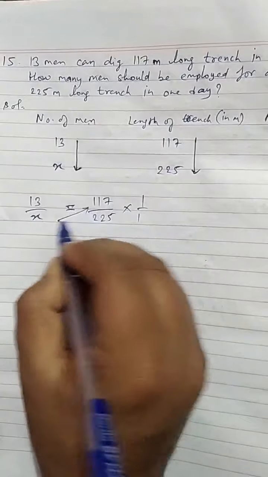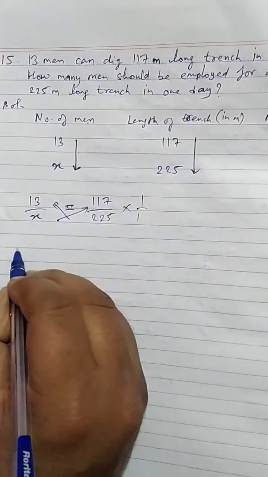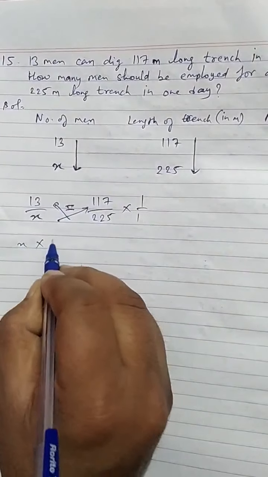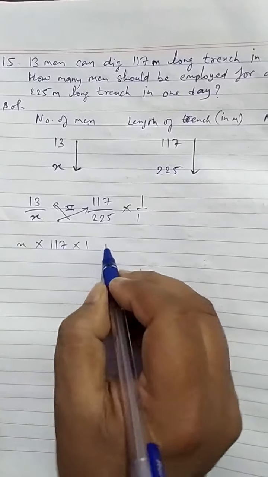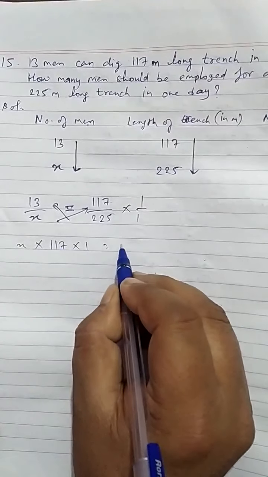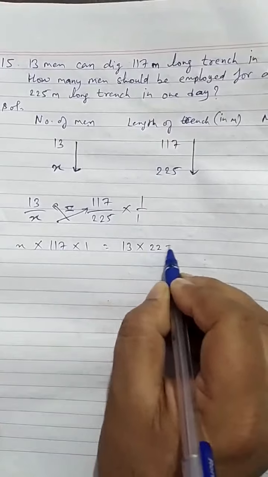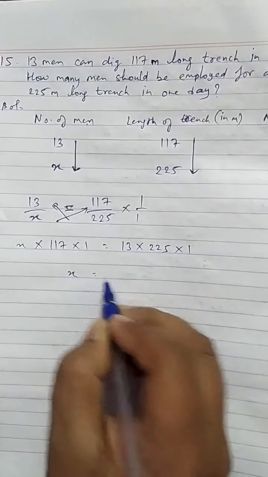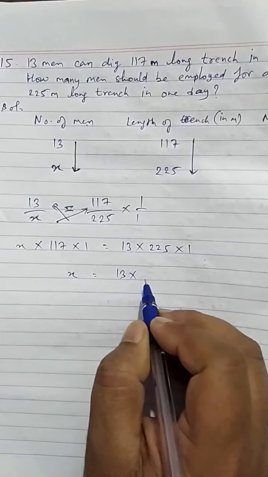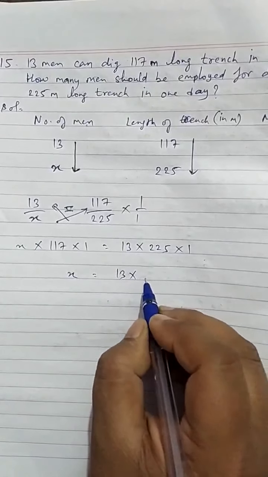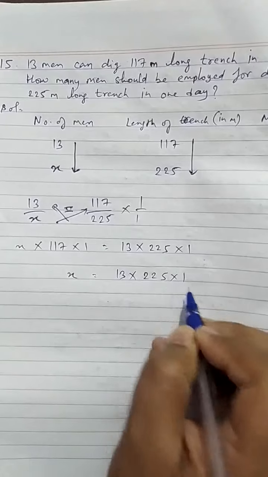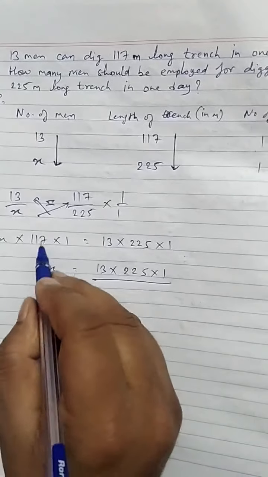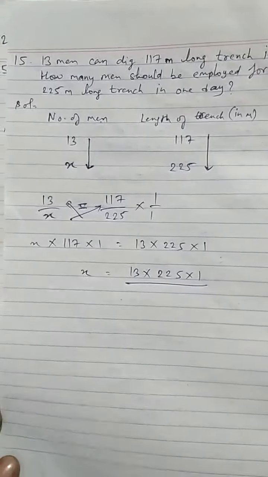Now cross multiplying this, we get x into 117 into 1 equals 13 into 225 into 1. Now x is left here, 13 into 225 into 1, and this 117 comes down.